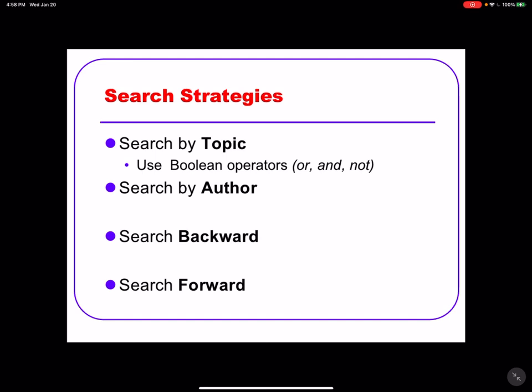Now we could narrow that search simply by changing that middle word to AND. Cats AND dogs. That gives us much, much fewer articles, but we're only getting the articles that talk about cats and dogs together. Now, that might not be what we want.